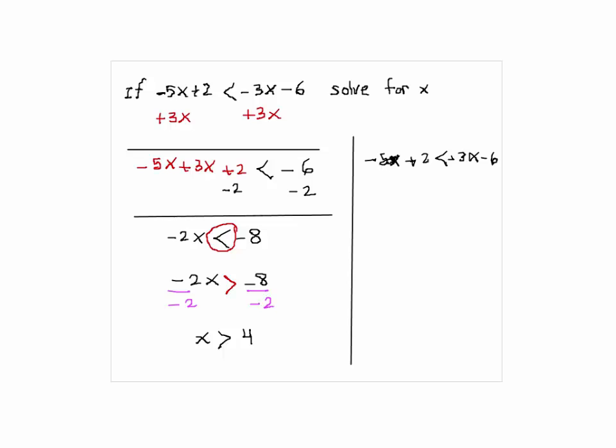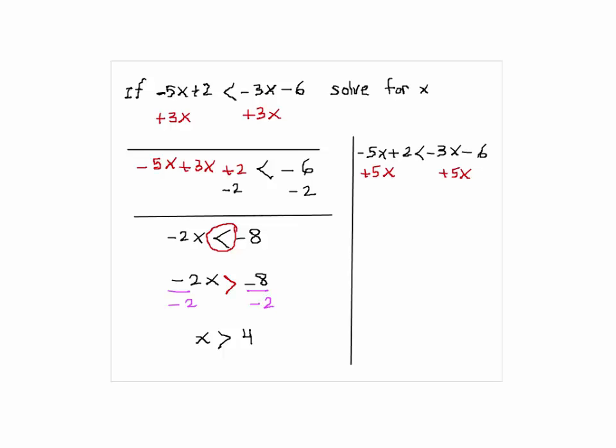Let me delete this. What I'm going to do is write down the problem again. Minus 5x plus 2 is less than minus 3x minus 6. So this time, I'm going to move the smaller x where the larger x is located. In other words, I'm going to add 5x to both sides of the equation.